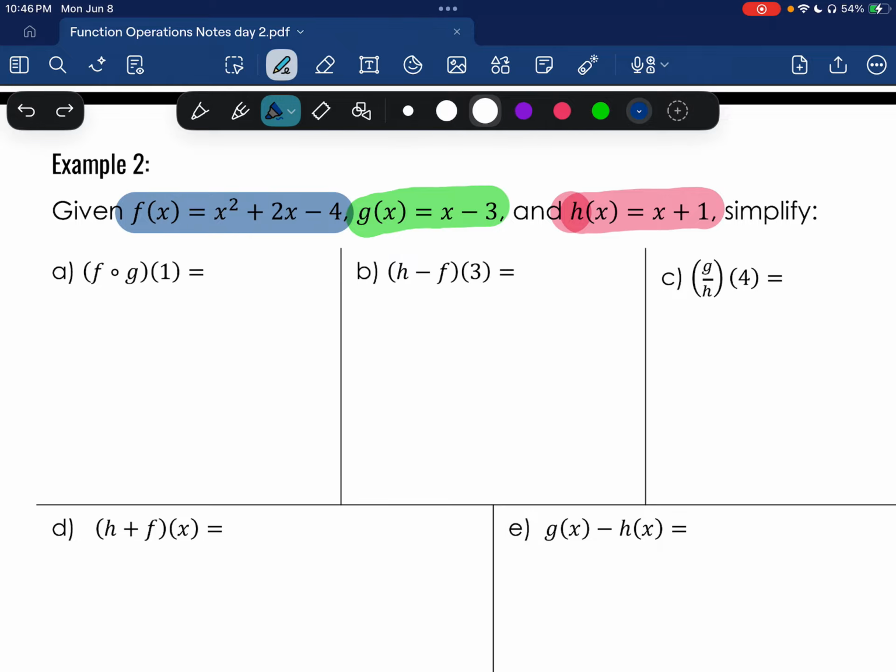So in my function f, because it's a quadratic trinomial, there's 2 spots where I'm going to plug in my inputs. Especially if I'm plugging this into my calculator, I don't want to mess up with those negatives.